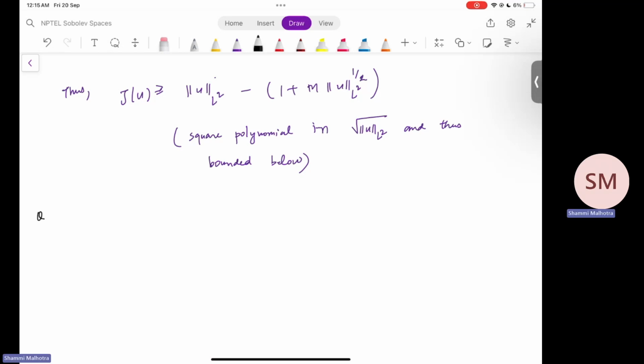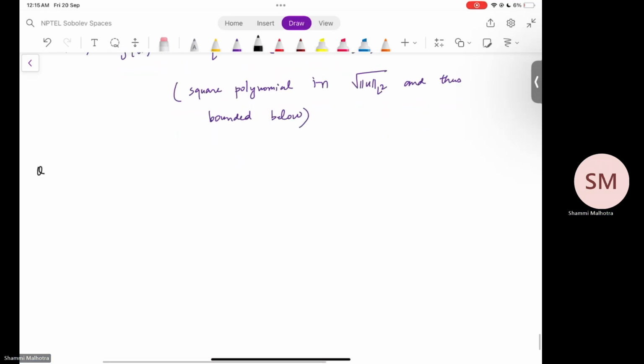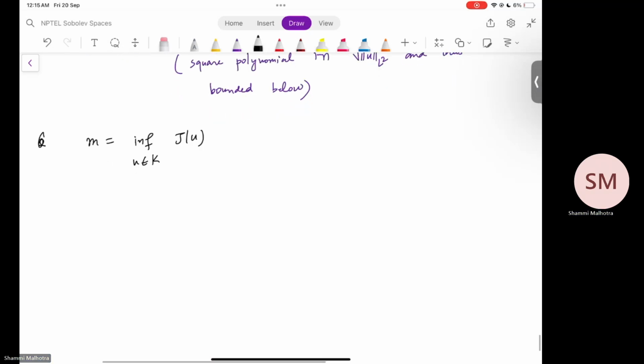So next, what we're interested in is that if we take m to be the infimum, which is well defined now, over K of J(u). Now let u_n be a sequence in K such that J(u_n) converges to m.